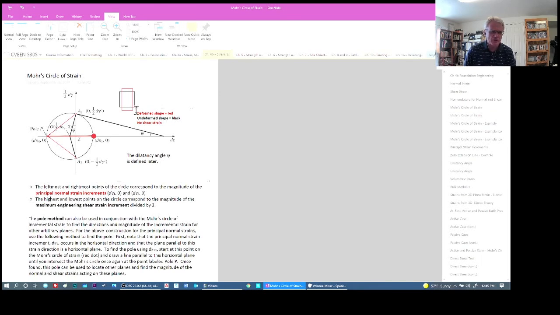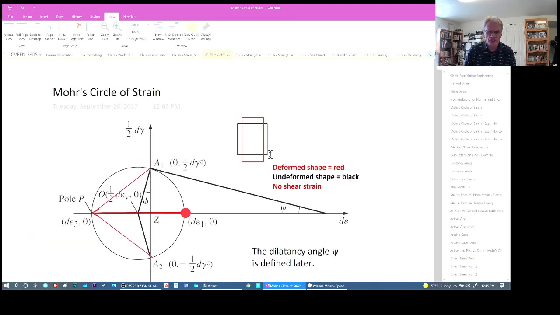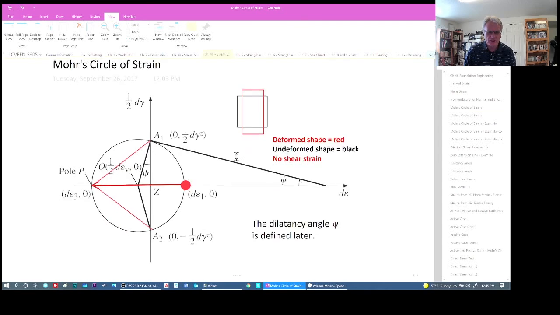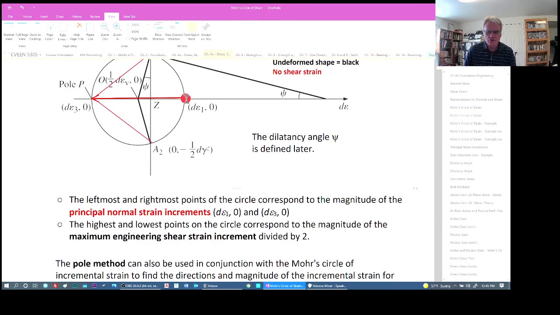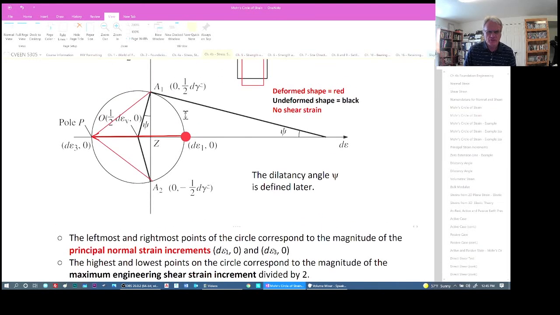And so we could look at this change in this x direction, which has been shortened, divided by the original x direction. That would be that normal strain, and we would plot that point.